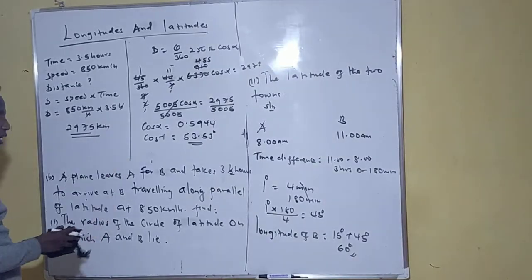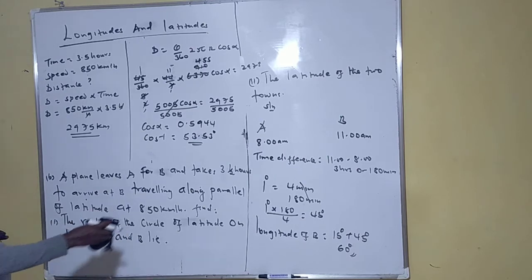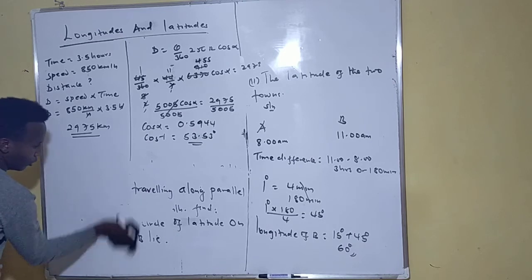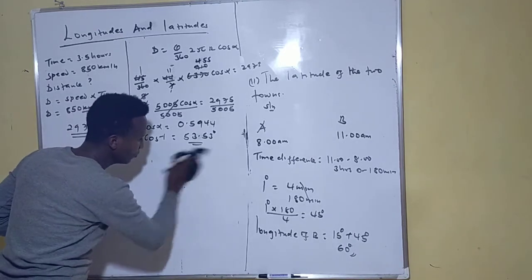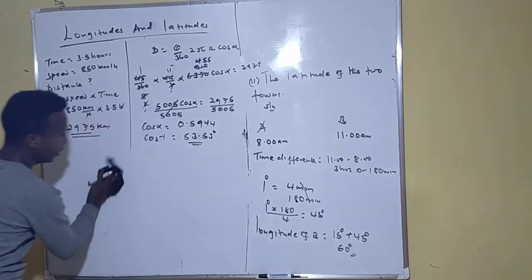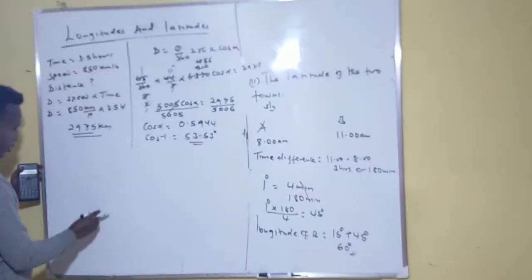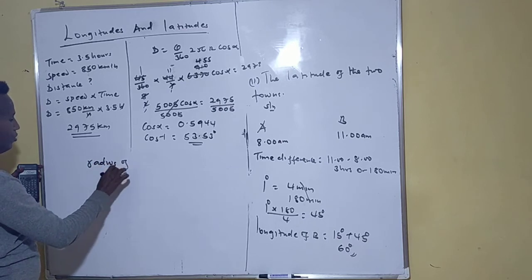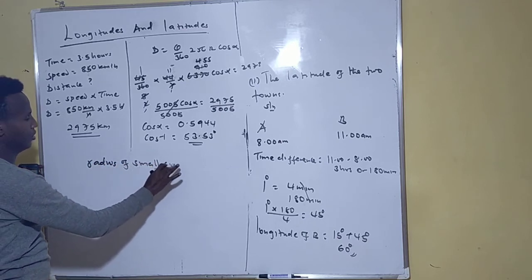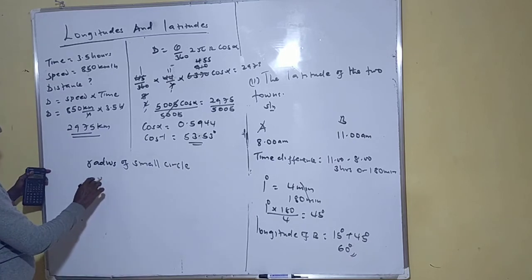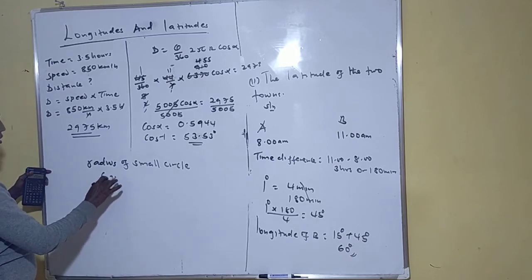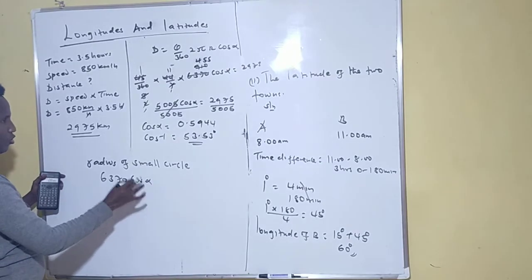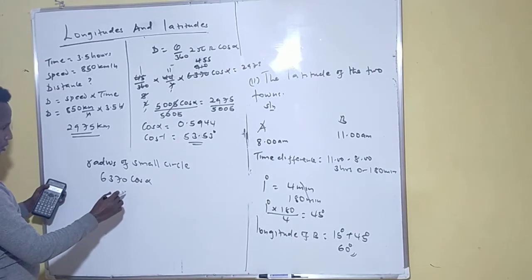So from this we can get the radius of the latitude, the radius of the small circle, because a parallel of latitude is a small circle. So now, let me get the radius of the small circle. I know that the radius of a small circle is equal to the radius of the great circle, which is 6370, times cos of alpha, or cos of the latitude.